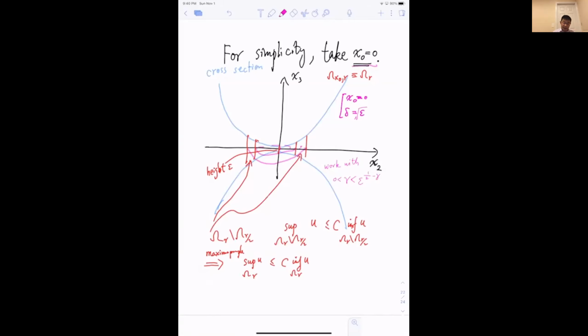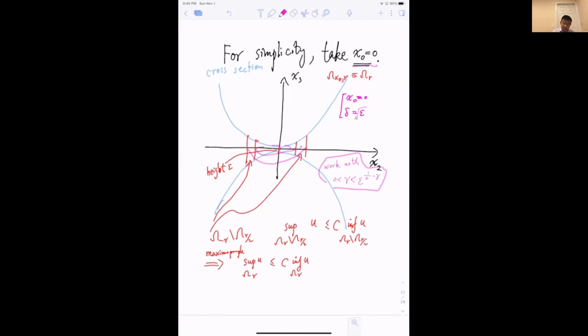So now we work with R like this. It should be gamma over 2, but we don't care. We just say we work with root epsilon, but minus a little bit. It's bigger than root epsilon, so you want to go out a little bit.